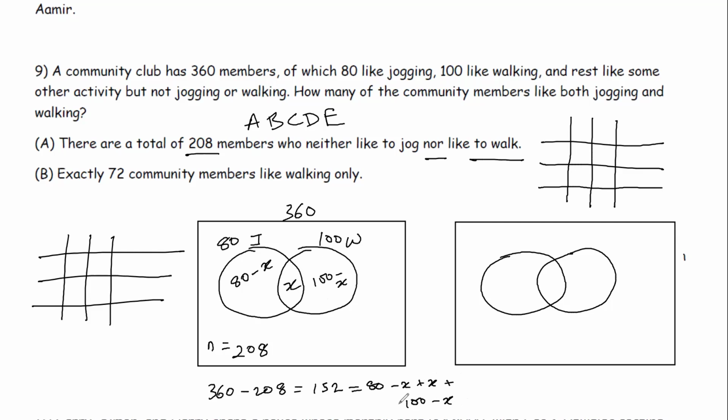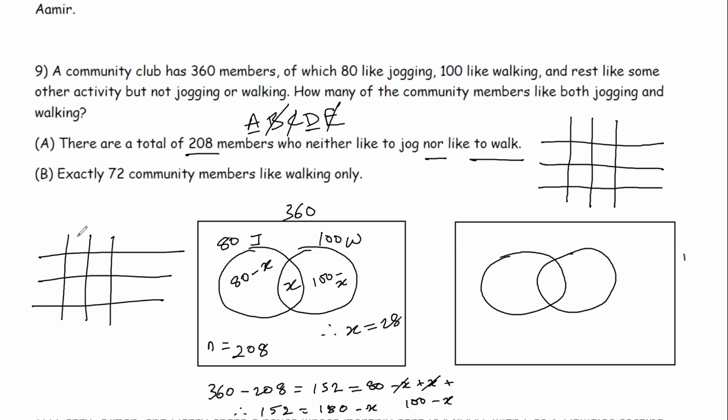So we have 152 equal to 180 minus 2x, and therefore x is 14... We get the answer. A answers, so B, C, E are out. It is either A or D.